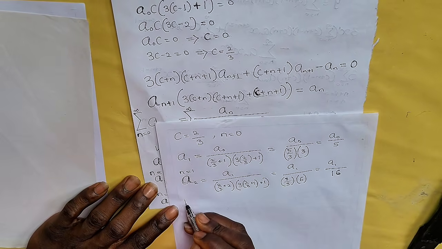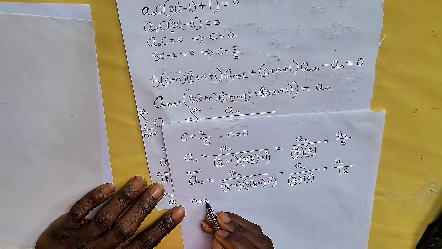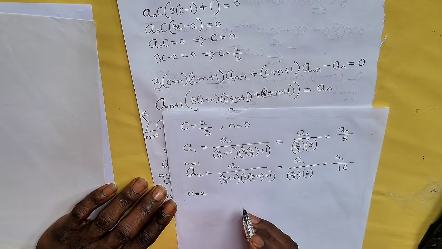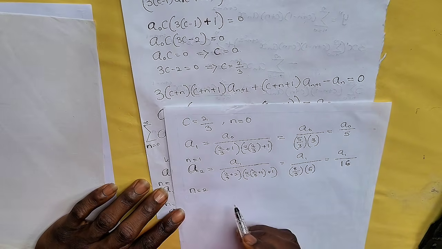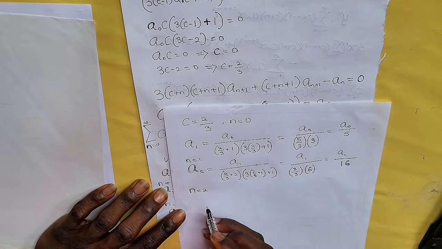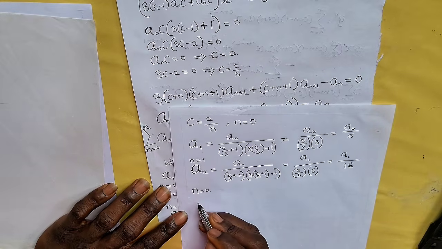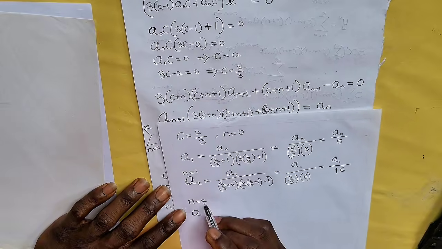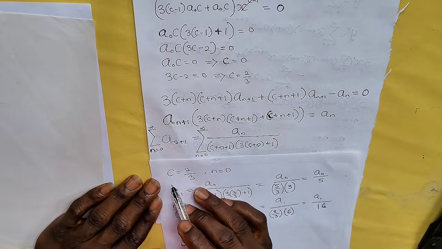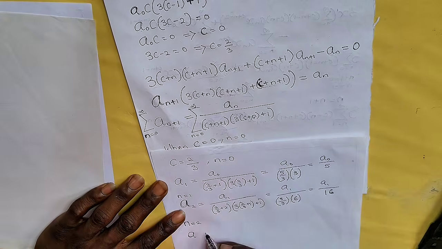Then when n equals 2, so I say I'm going to stop at a3. I said for your exam or test or anything, you can stop at a5. Okay, so when n equals 2, what will I have? I will have a into, so now n is 2. Come to our expression again. This 2 plus 1, that's 3.